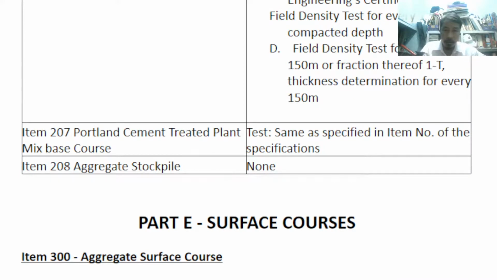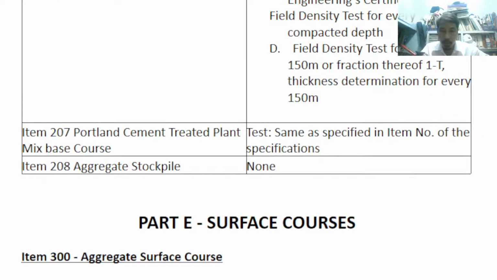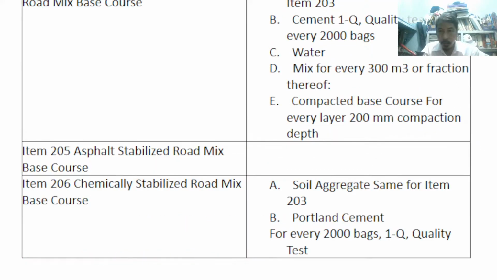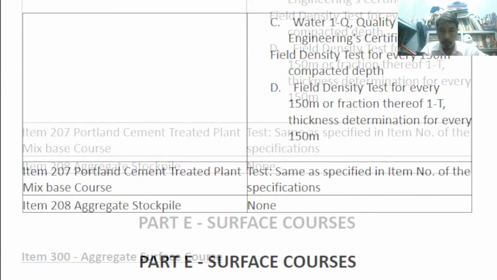So next is item 207. Wait, so we have for item 206 still chemically stabilized road mix, letter C. Okay, so letter C is actually water.